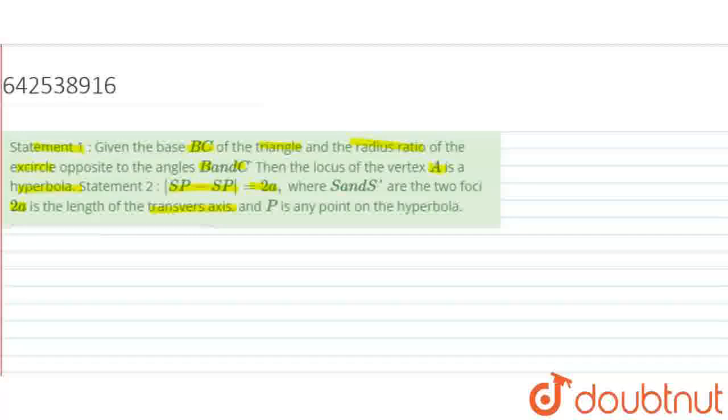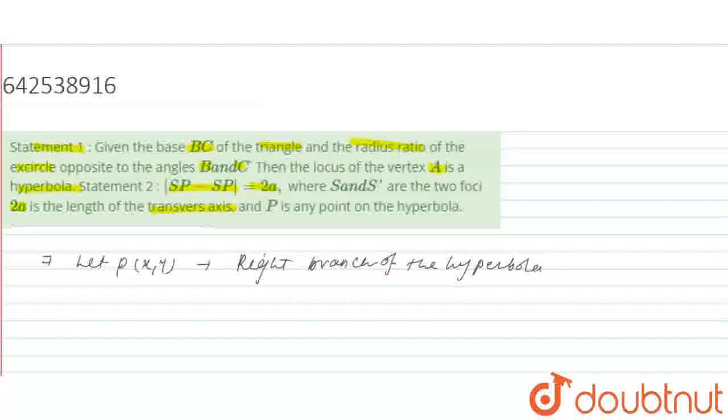You can take any point P on the right branch of the hyperbola. What are S1 and S2?